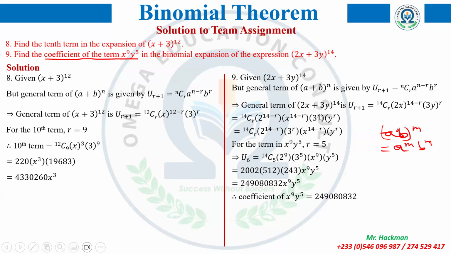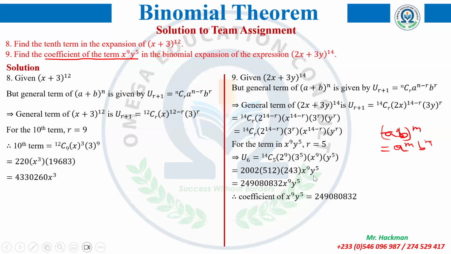We know that this 3 to a certain power is a constant factor, this is also a constant factor, and 14 combination r is also a constant factor provided I know my r. So I rearrange so that the constant factors come first, followed by my variable factors. Otherwise, you could have left it here, substituted, and still end up getting the same result.